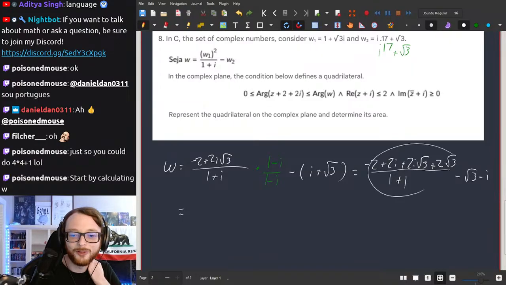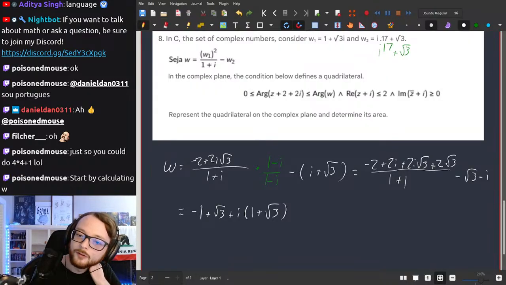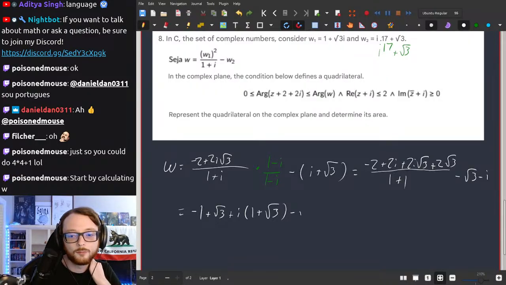So these twos will all cancel from that fraction. This has no relevance to the actual problem, which is annoying. So we'll get minus 1 plus root 3 plus i times 1 plus root 3. Yep. Minus root 3 minus i.